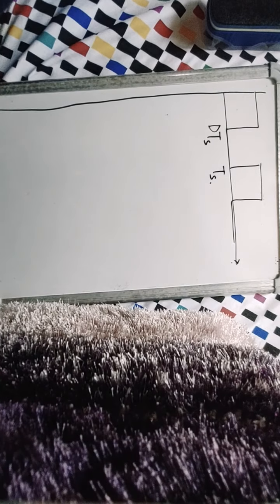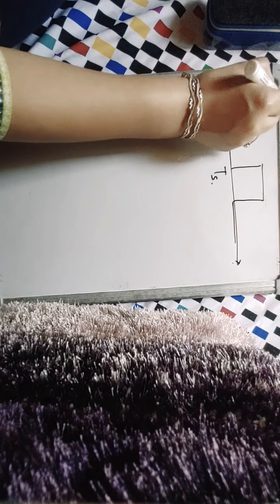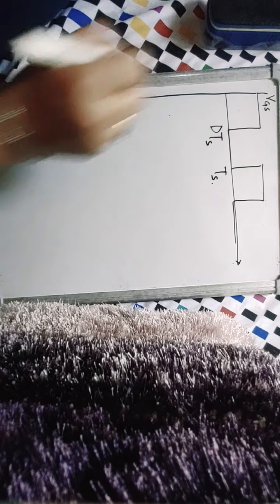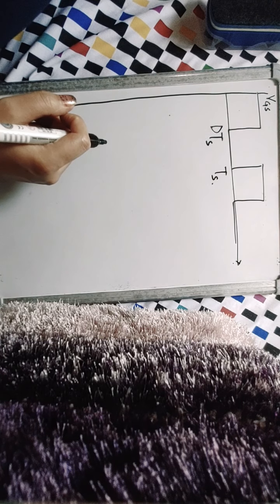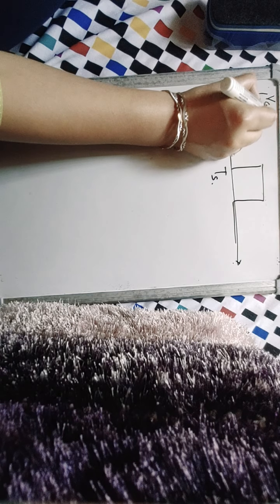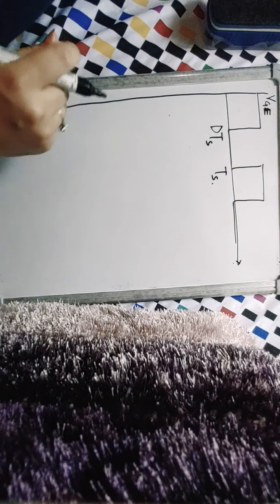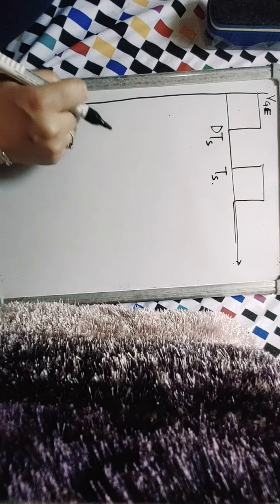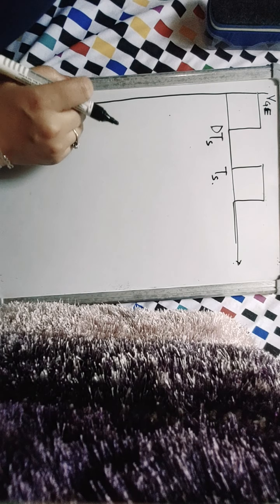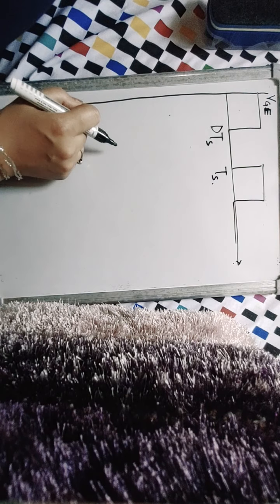So these are the pulses that you give between the gate and emitter of your IGBT, or if you're working with MOSFET, then gate and source VGS. So these are the pulses that you give to your device.